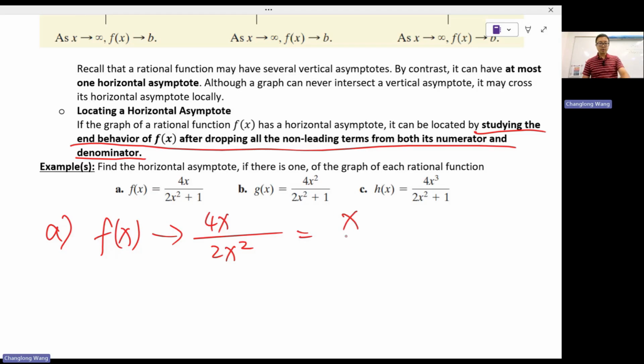So you're looking at 2 over x, right? Remember that in this case, x is super large. Or think about this, x is infinity. You have an infinitely large denominator, right? What do you think will happen to the function value? Don't you think that it should approach 0?